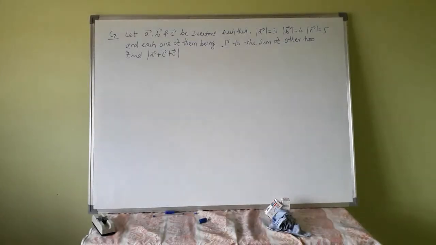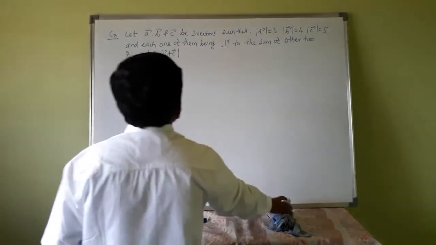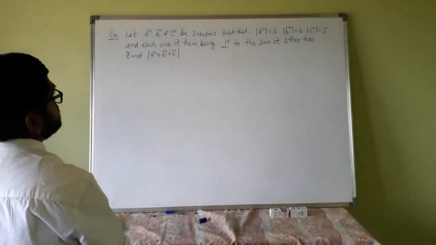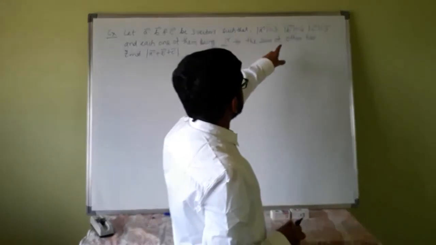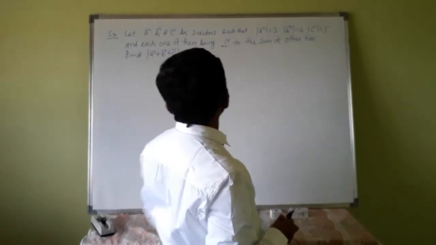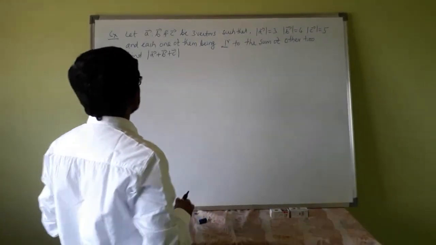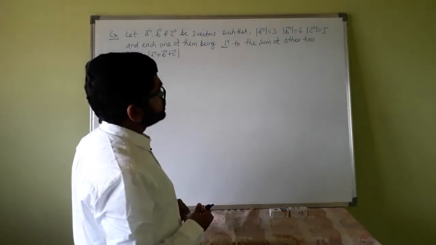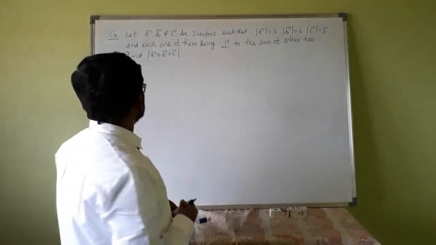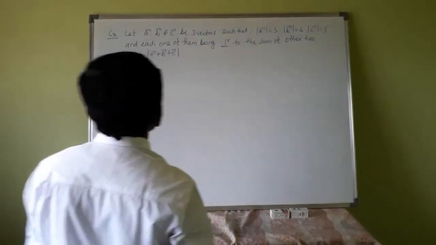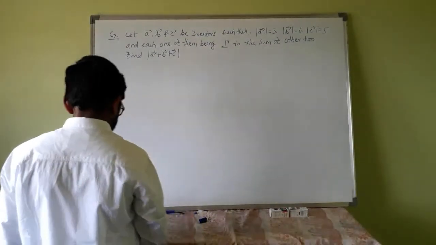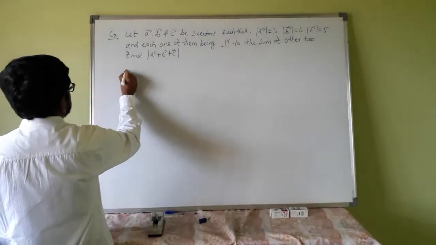Let A, B, C be 3 vectors such that magnitude of A is 3, magnitude of B is 4, magnitude of C is 5, and each one of them is perpendicular to the sum of the other two. Then find magnitude of A plus B plus C. What is given here?